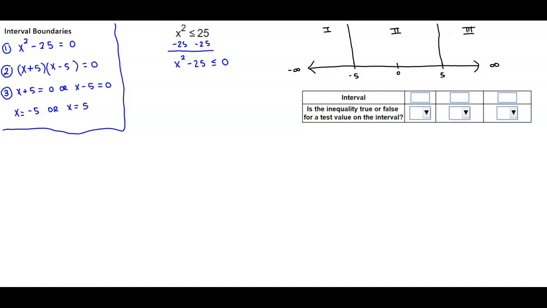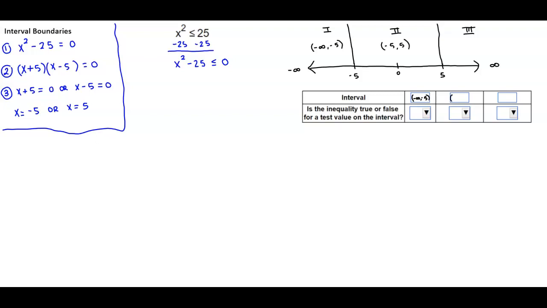In interval 1, we have negative infinity to negative 5. So that's the first interval down here, from negative infinity to negative 5. The second interval goes from negative 5 to positive 5.